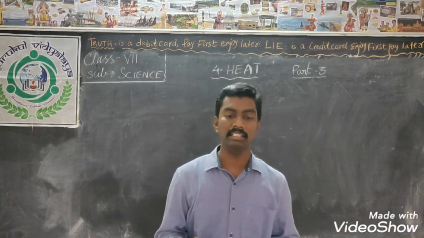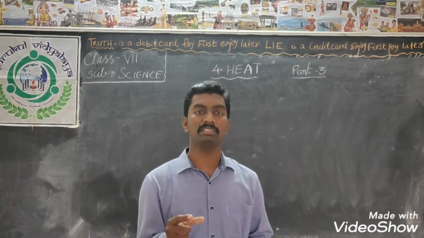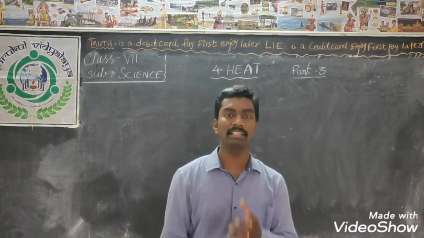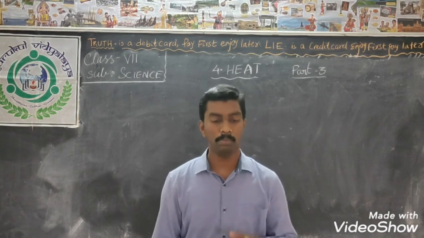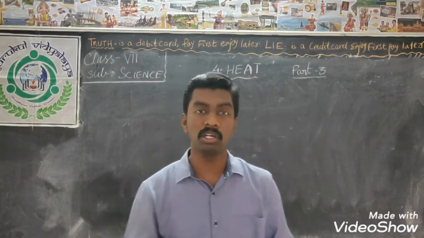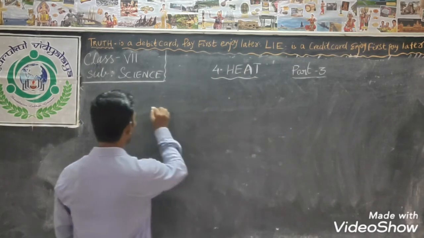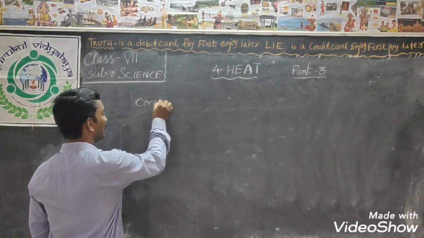So the heat transfers from one place to other places of the liquid in the flask. By this we can say this is one mode of heat transfer, called convection.